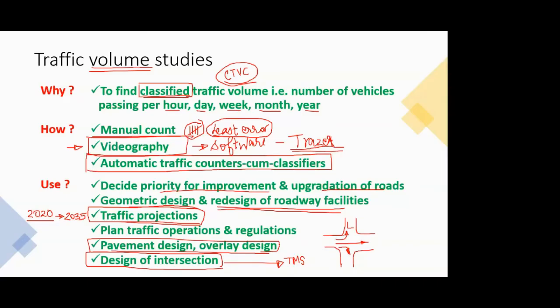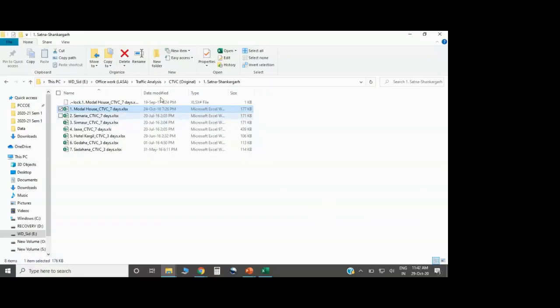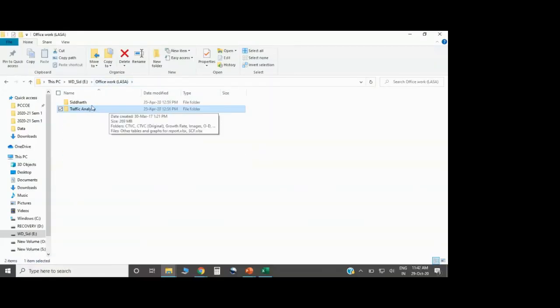So coming back to our discussion, I hope you have got the idea of how the traffic volume study is done. And if I take a few minutes again to show you the report of this.